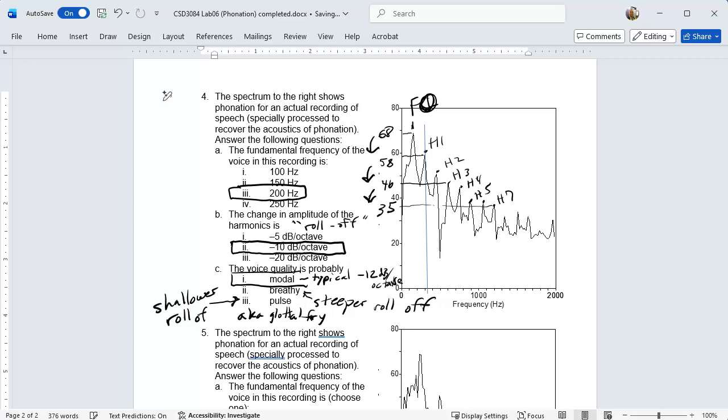So in the case of the multiple choices I have here, I would probably associate that one with the -5, and I would associate the steeper one with the -20. So bigger drop, larger negative number, steeper; smaller drop, smaller negative number, shallower. Description of the roll-off.